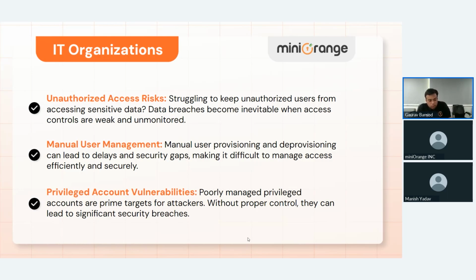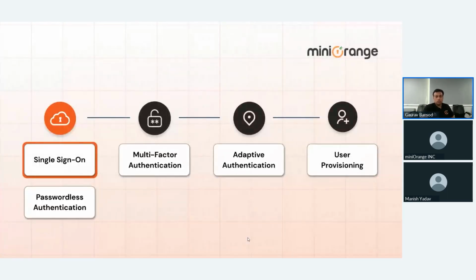How do you ensure that you stop lateral movement the moment the system shows you the red flag? Without proper control of these privileged accounts, it's difficult to protect any organization's infrastructure or security elements. This is the biggest threat we have observed over the past 10 to 12 years in IT organizations. And how do we solve that?